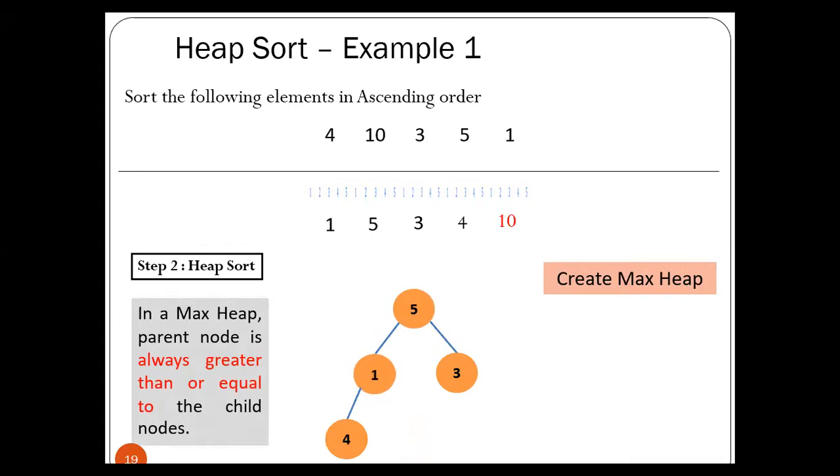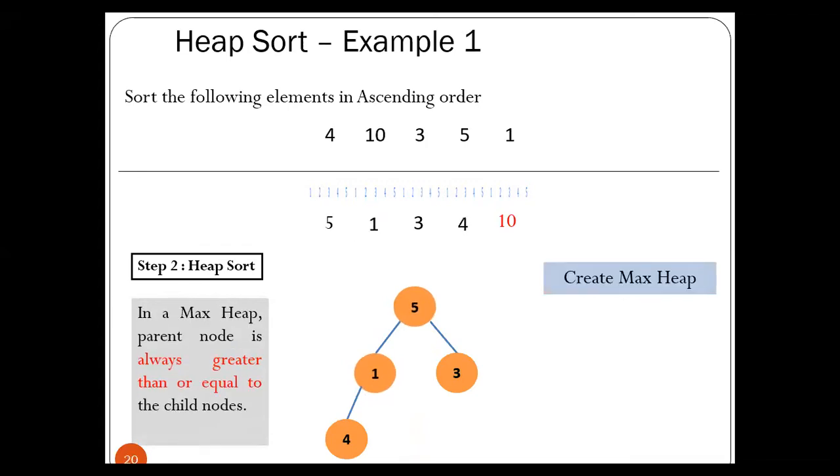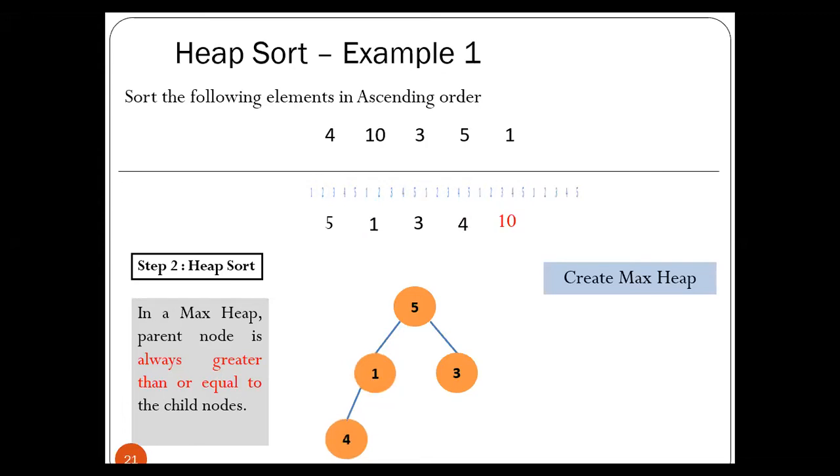Then 1 is smaller than 4, so swap 4 and 1. Now you see it satisfies the max heap property. So 10, which is indicated in red, means this is the sorted element and it would be the last element in the array.